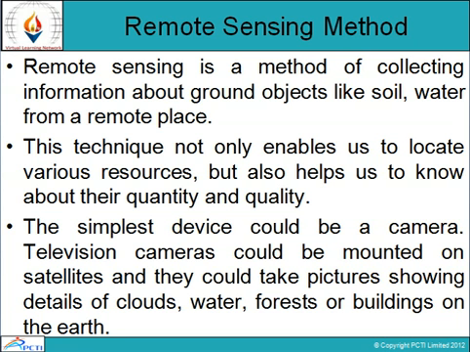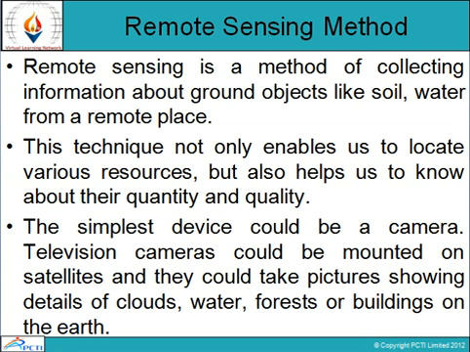Remote sensing method. There is a method through which, from a remote area, you just sense objects like soil, water from a remote place. And this technique not only enables us to locate various resources but also helps us to know about their quantity and quality.